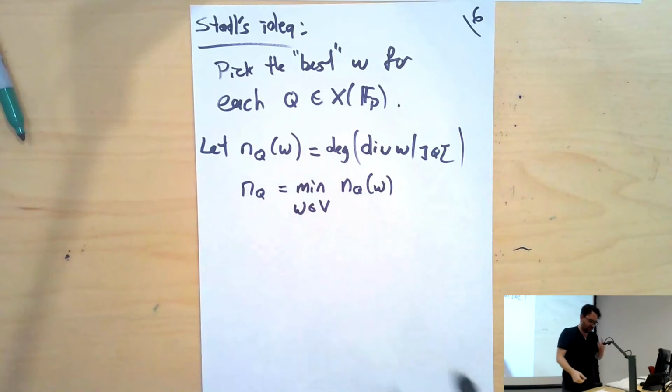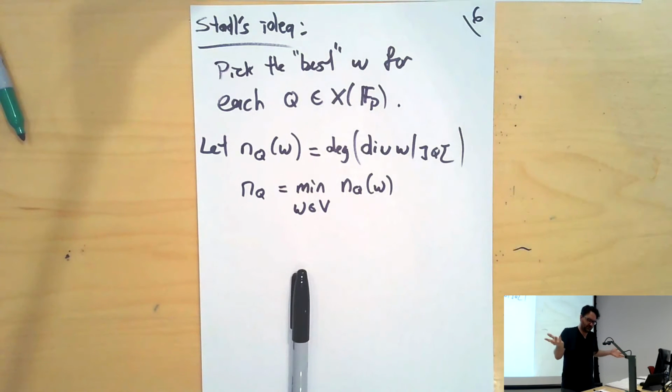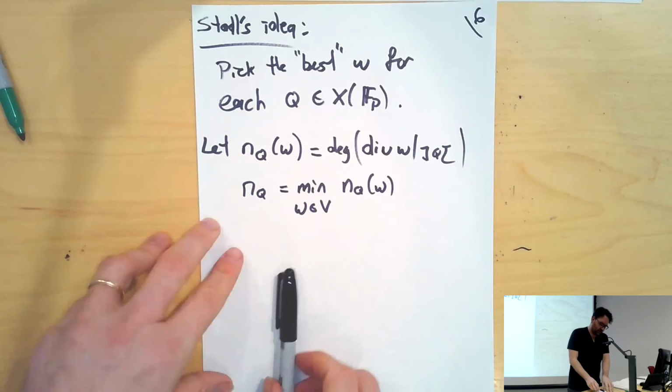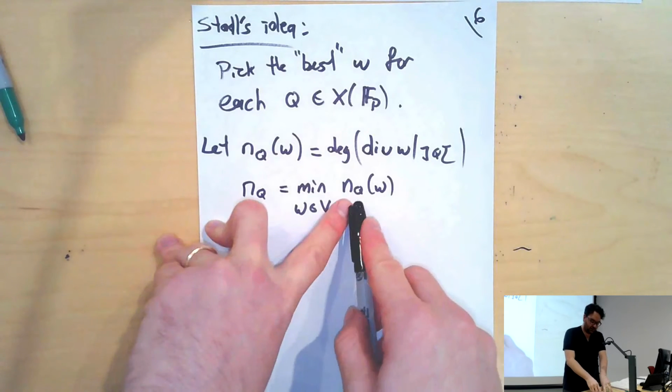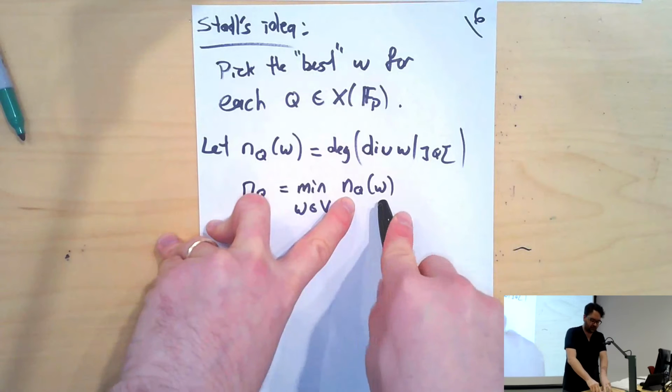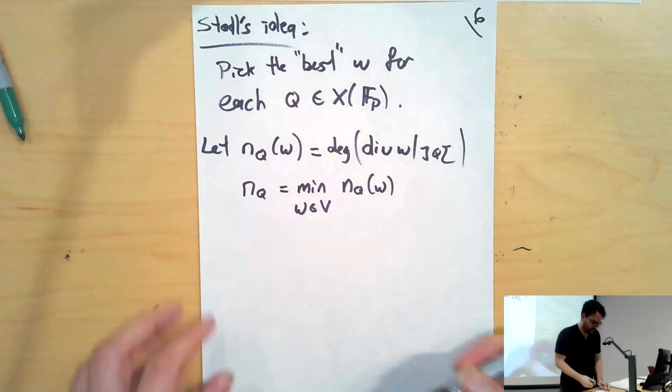So if V has dimension 1, we've done nothing. But in general, if you have 2 independent differentials, one of them is likely, in fact certainly if you think about Riemann-Roch, anyway, one of them is likely to have fewer zeros in your given residue disk than another. Of course, they each have 2g minus 2 zeros over the curve, over the algebraic closure.